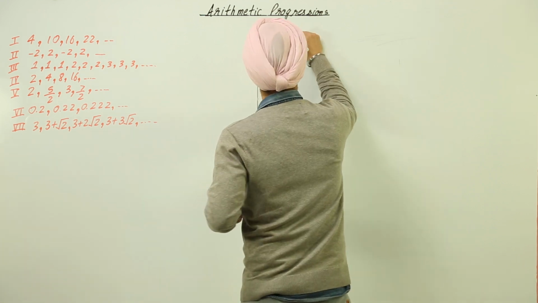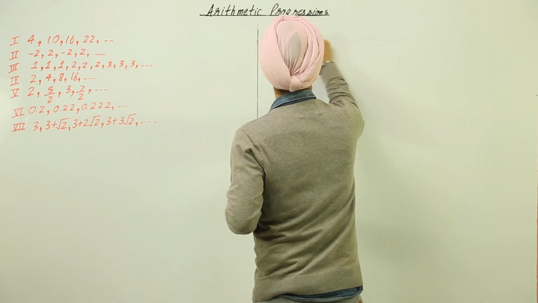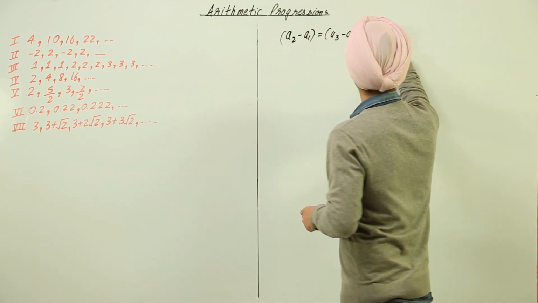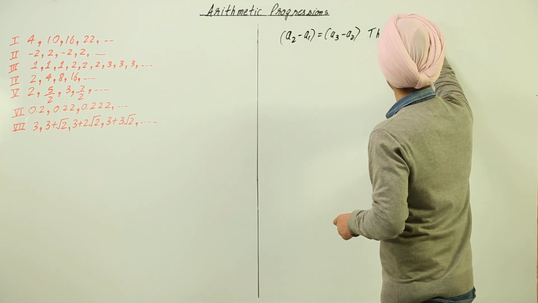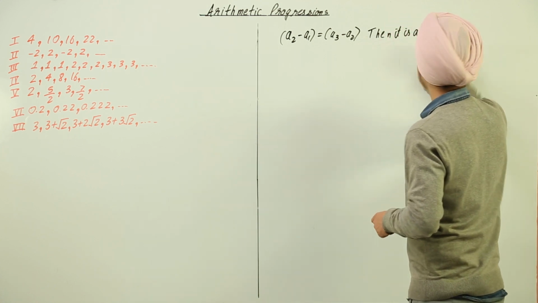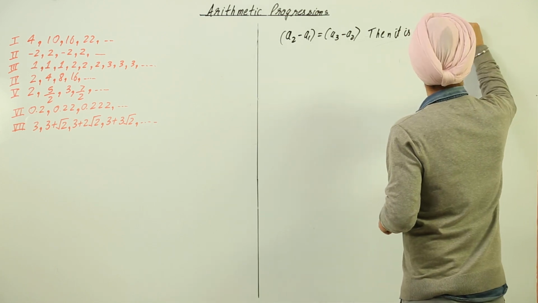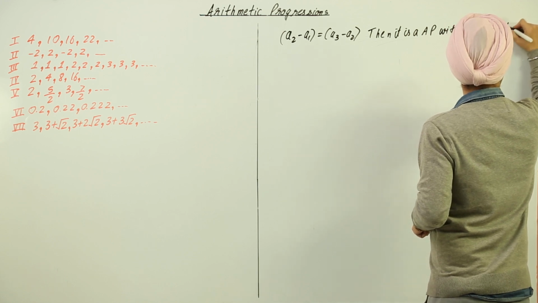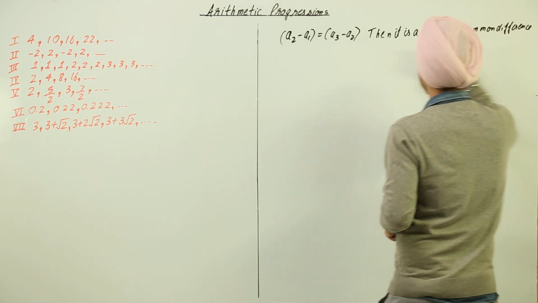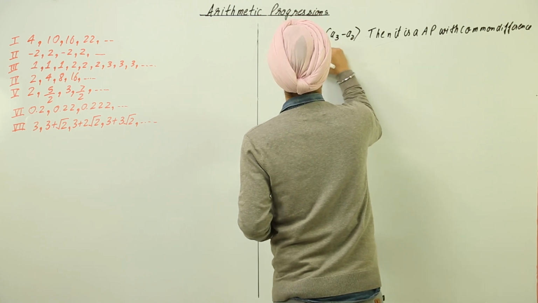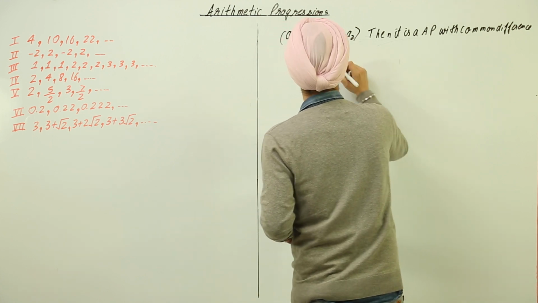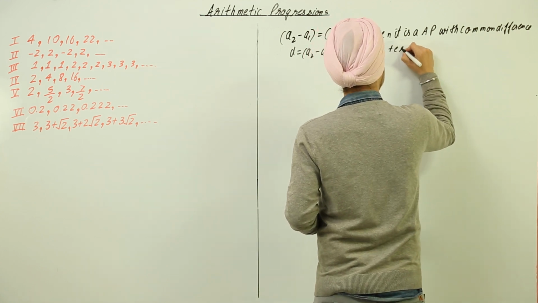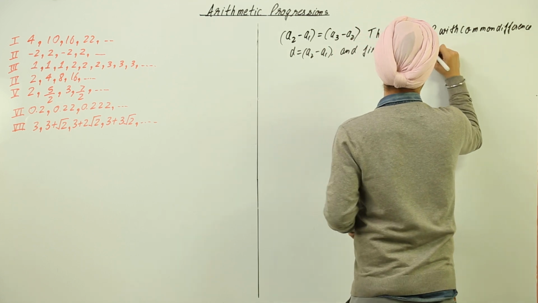So the way is, if A2 minus A1 is equal to A3 minus A2, then it is an AP with common difference D equal to A2 minus A1 and first term A1.